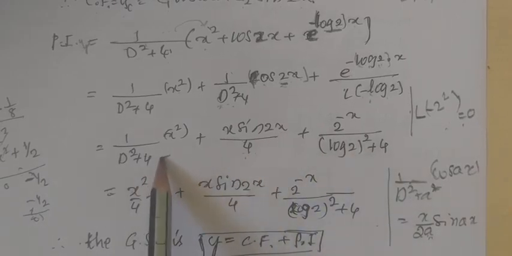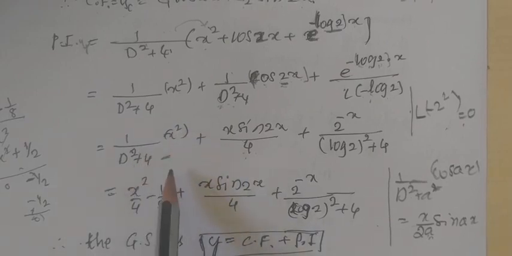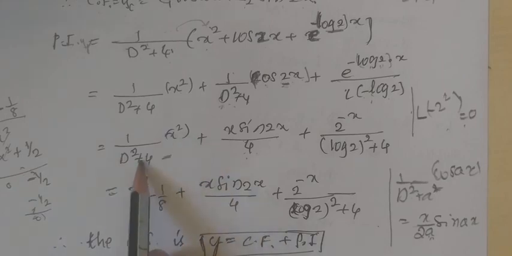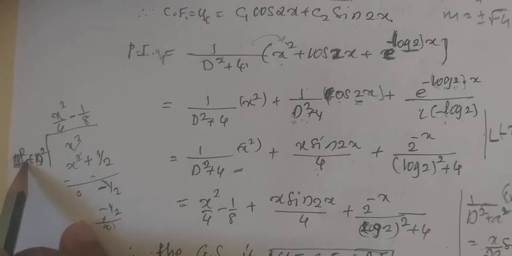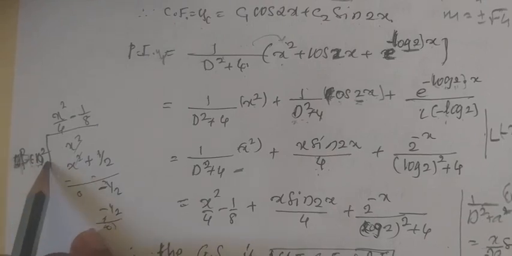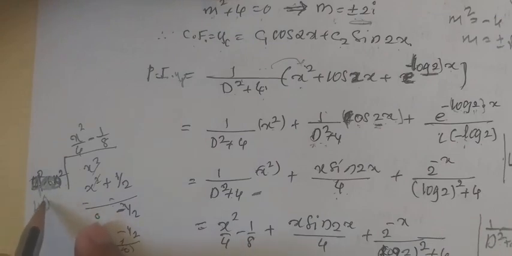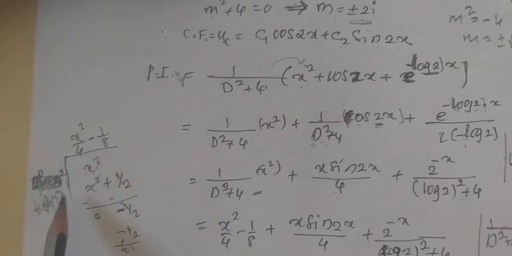Now this is type 3, we need to concentrate more on this. So let us divide numerator by denominator. This can be written as 1/(4 + D²) of x². The first term is 4, don't worry about this.